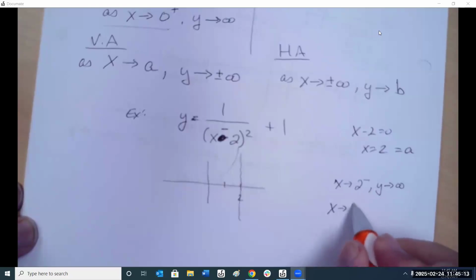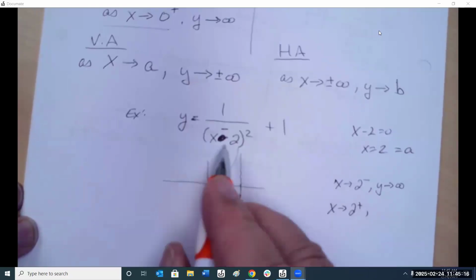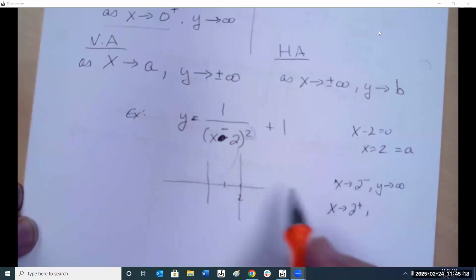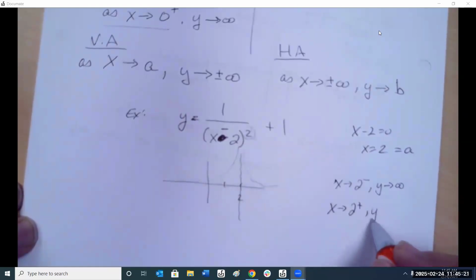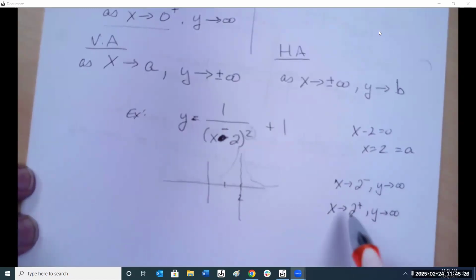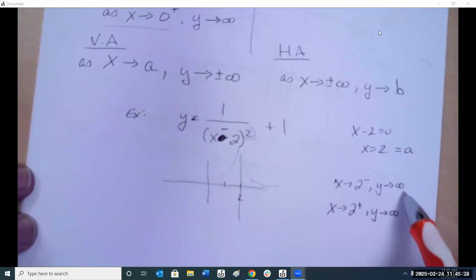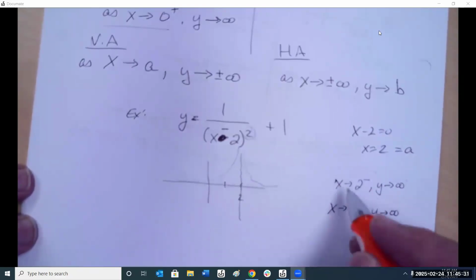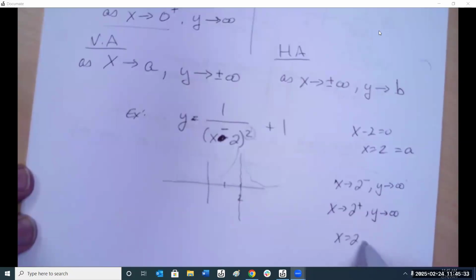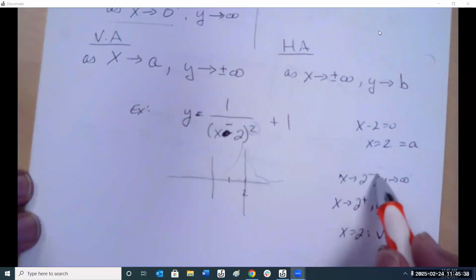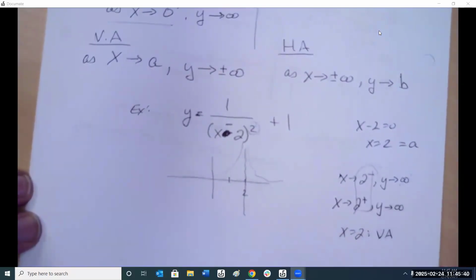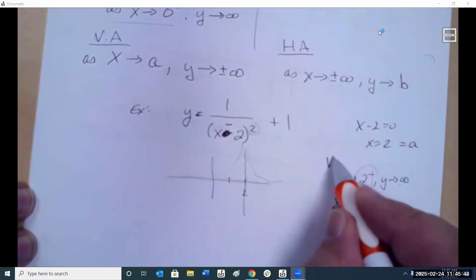As x approaches 2 from the right, where is it approaching since it's a squared term? It's also positive infinity. So because I'm going to some value and it's going to positive or negative infinity, that means x equals 2 is my vertical asymptote. So this is the vertical asymptote.